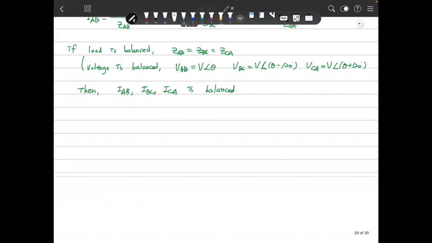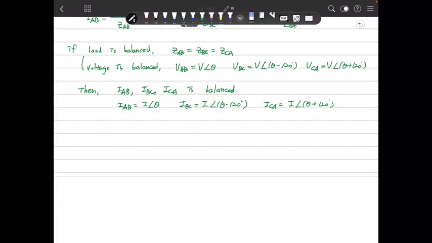Therefore, I_AB can be defined as I at angle theta. I_BC will be the same magnitude at angle theta minus 120 degrees, and I_CA will be I at angle theta plus 120 degrees.